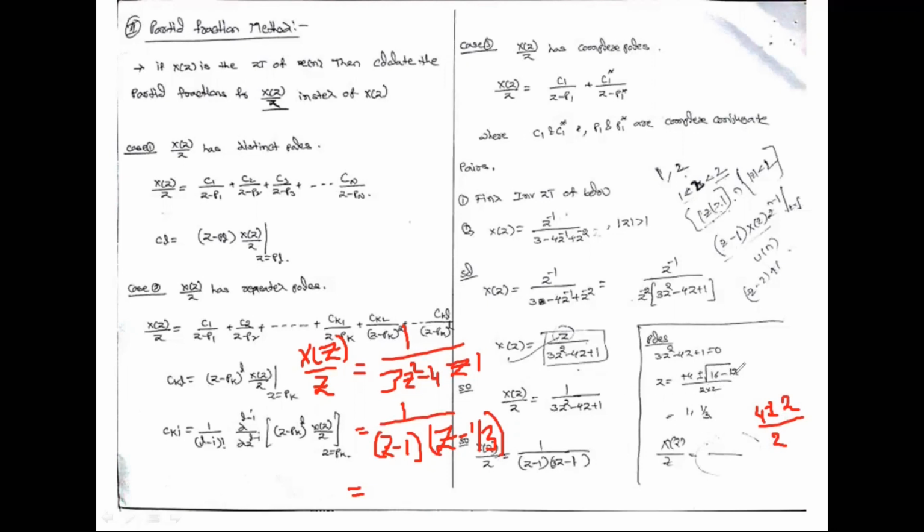Minus b plus or minus square root of b square minus 4ac by 2a. 2a here is 6. And 4 plus or minus 2: 6 by 6, which is 1. Another one is 4 minus 2, which is 2 by 6, that is 1 by 3. So 1 and 1 by 3 only.